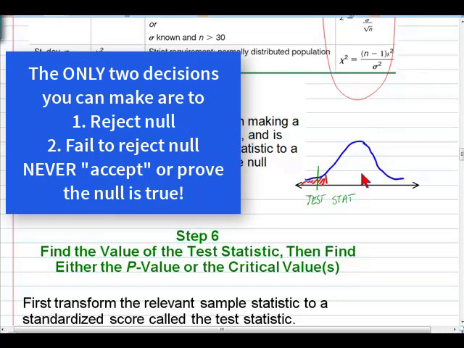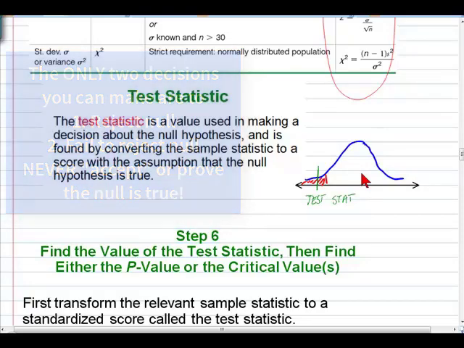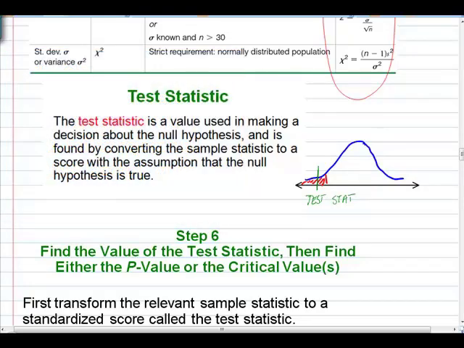If your test statistic fell over here in the clear, then you would fail to reject the null hypothesis. And those are the only two conclusions you can make, by the way. You can either reject the null hypothesis, if your test statistic falls over here, or fail to reject the null hypothesis if your test statistic fell in that clear region.